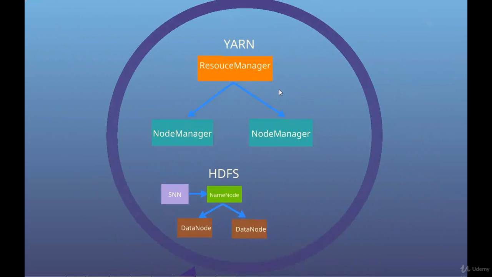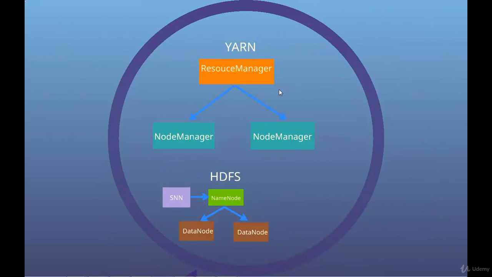Now we got two parts. Computing part is YARN and the HDFS part. In Hadoop 2.x, computing part is called YARN. In Hadoop 1.x, it's called MapReduce. HDFS comprises name node, data nodes, and secondary name node.